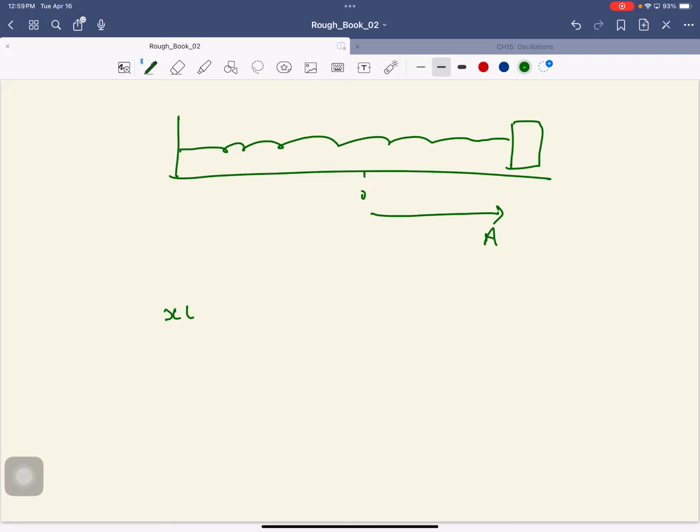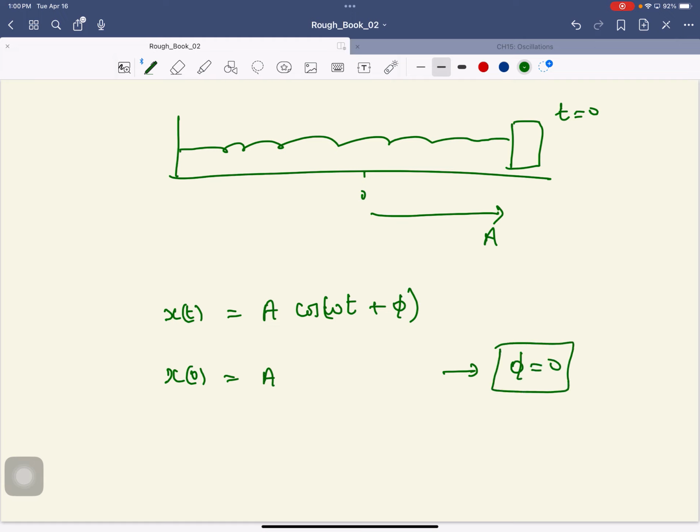So x of t, here's the general solution, A cosine(omega t plus phi). At t equal to 0, this is 0, and you want x of 0 to be A. So that implies phi equal to 0, because when phi is 0 and t equal to 0, cosine of 0 is 1, and x of 0 will be A.